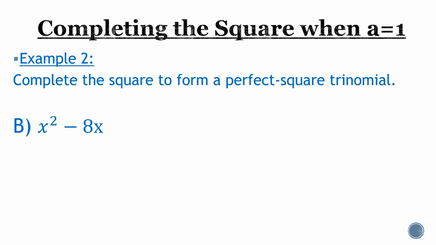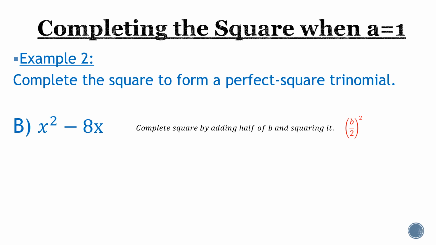We're going to try a new example. Again, for example 2, we're going to complete the square to form a perfect square trinomial. Our example B has x squared minus 8x. Again, to complete the square by adding half of b and squaring it. We're just utilizing the equation b divided by 2 squared. So we have to identify our b value here, which is negative 8.